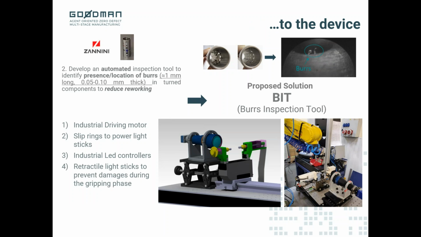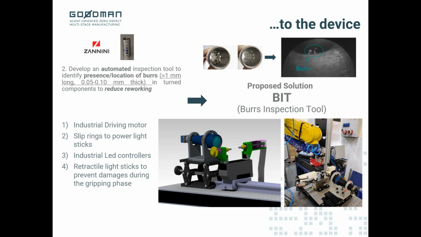Of course, since the GO0DMAN project foresees some months of continuous working operation at the end user premises, it was important also to ensure reliability of the system and sufficient endurance of the system.